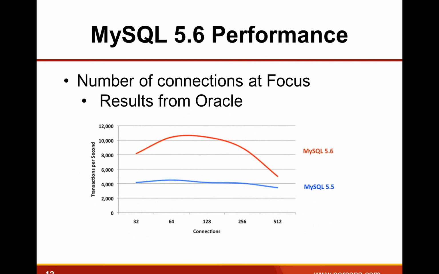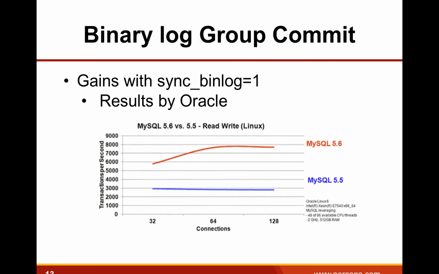What I think is interesting to see from those results as well is that even though MySQL 5.6 is better, it's not a silver bullet. We can still see performance drop at a high level of connections, right? When we go to many thousands of connections and active transactions, performance is quite likely to suffer.